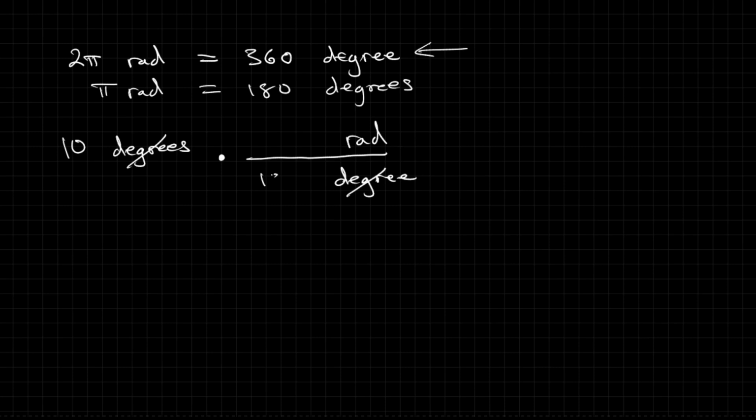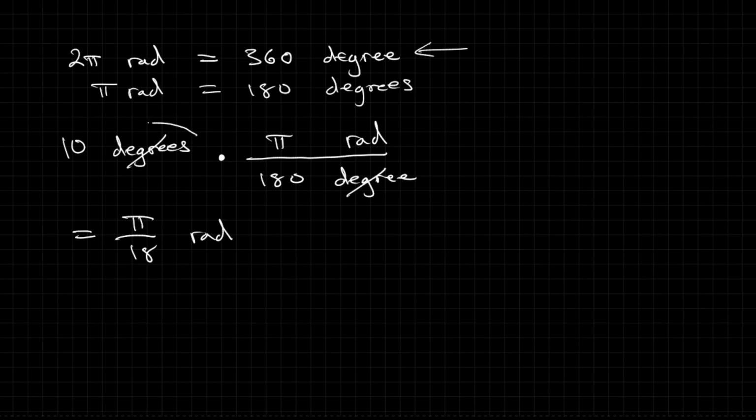And so we'll fill in 180 degrees in the denominator, we'll fill in pi radians in the numerator, and now 10 divided by 180, that's just 1/18, so 10 degrees would be the same thing as pi over 18 radians. And that's all there is to it.